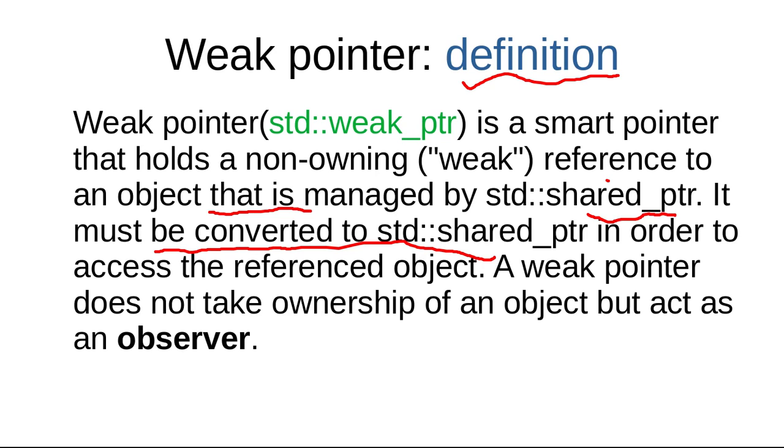A weak pointer does not take ownership of an object but acts as an observer. So weak pointer is similar to shared pointer, but it's not actually similar. It's just an observer to the object that's pointed to by shared pointer. You can't access that object using the weak pointer.